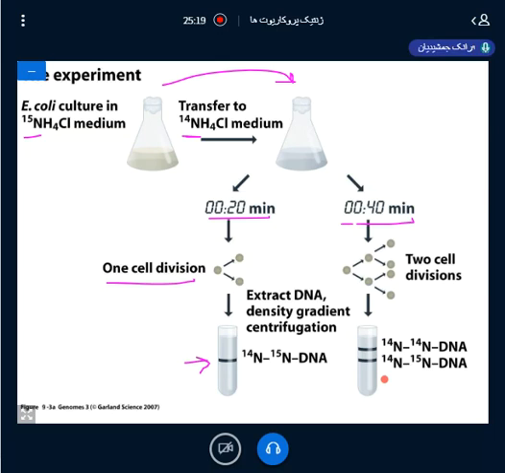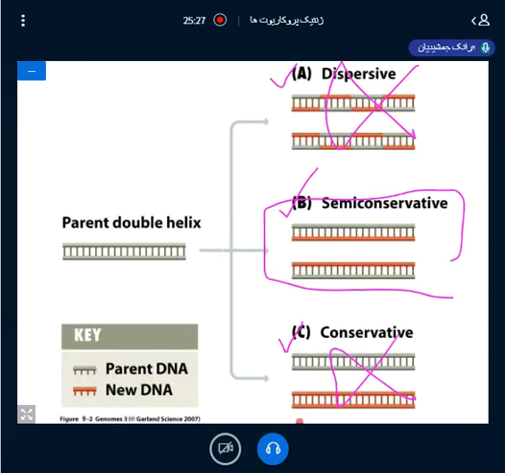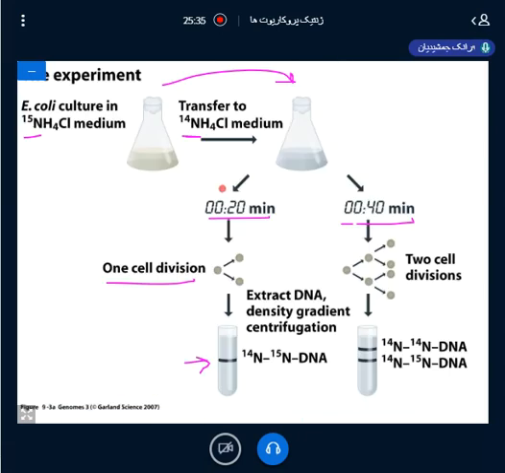This is the experiment. We want to understand which type of replication is correct. Is it, for example, in this slide, dispersive? Is it semi-conservative? Is it conservative? We didn't know, okay? We had this experiment to understand which type is correct.